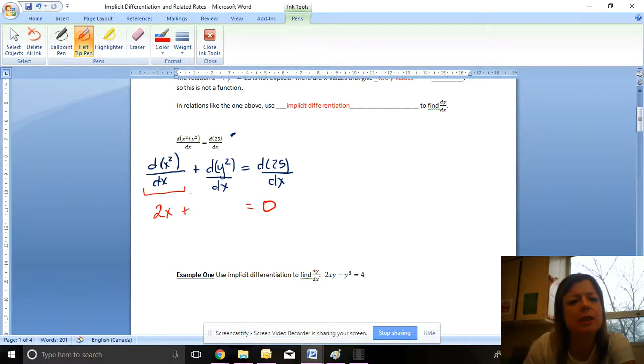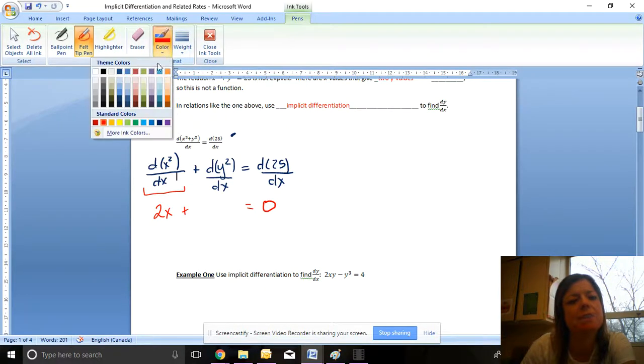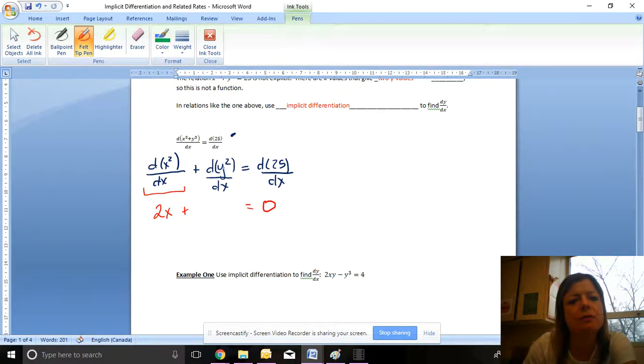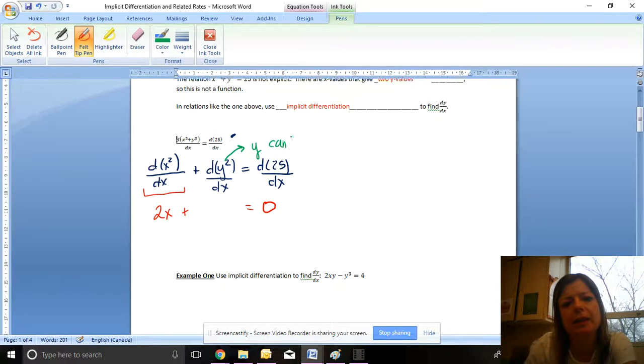But the question is, what do we do with this middle part, the derivative of y squared with respect to x? Let's think about this. We can say that y is a function of x. Therefore, think about the chain rule.